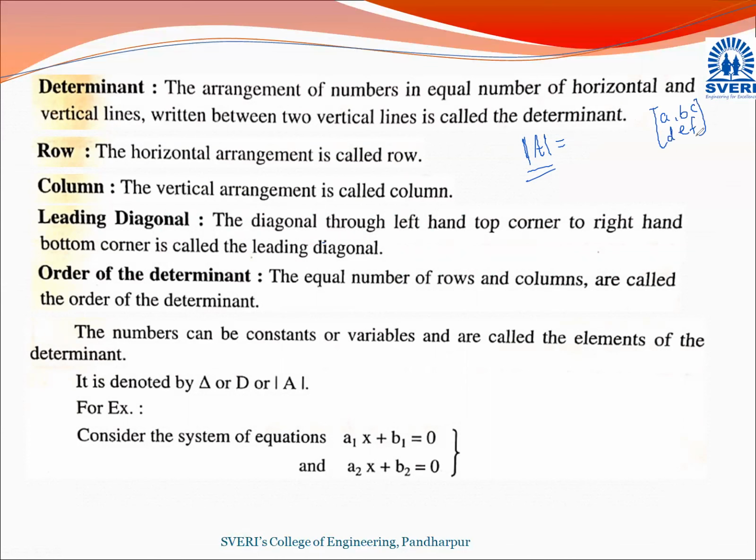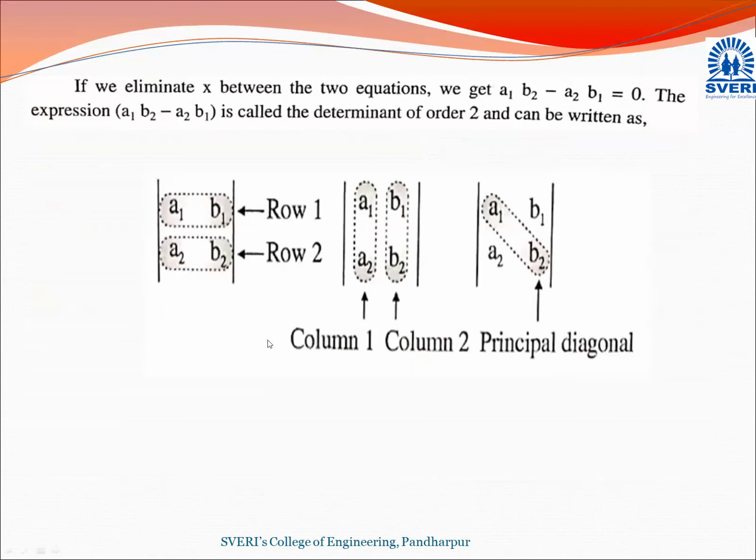We can find the determinant of matrix A, which is denoted by determinant of A, written in 2 vertical lines. Row, column, leading diagonals, order of the determinant, all these we know about. We are taking a quick revision.